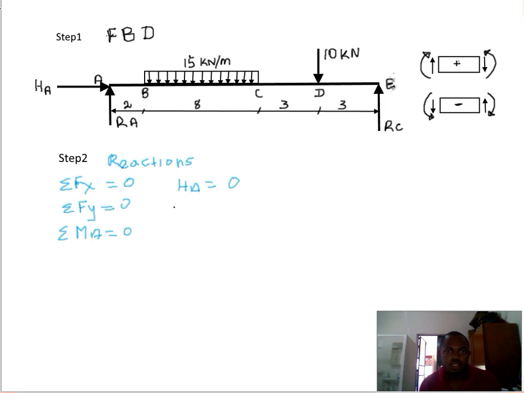And on the y-axis, we have a couple of forces, the 2 reactions and the applied load.